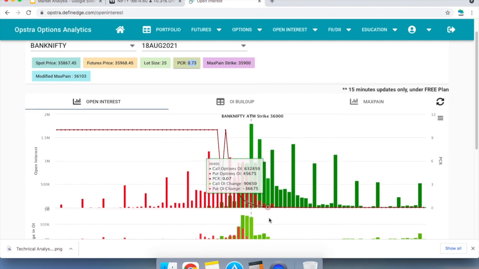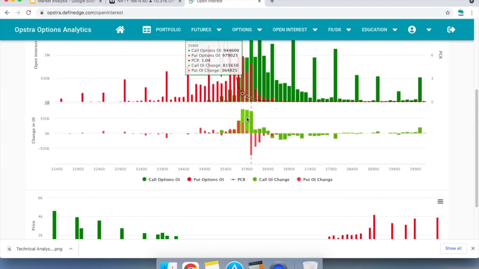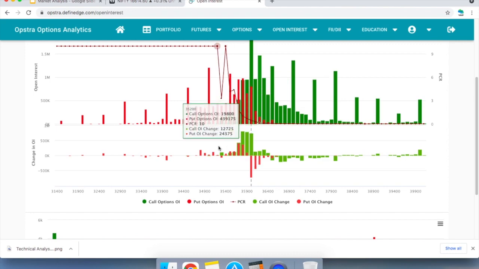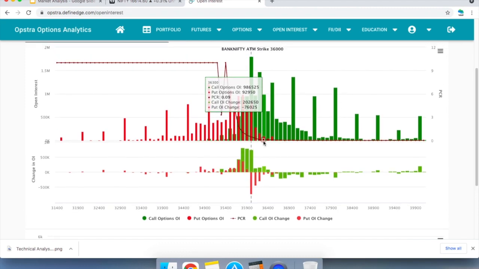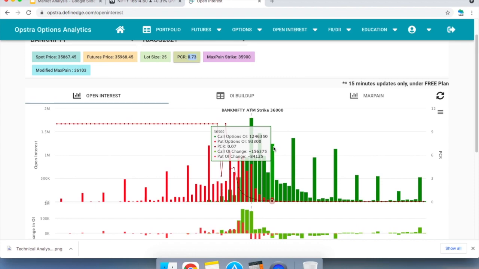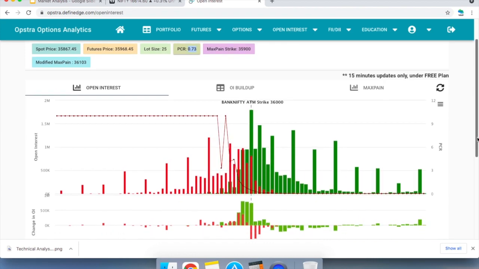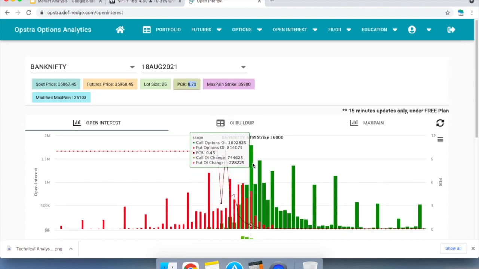See the green bars here, at 35,800, 35,900 and 36,000. Huge call writing has happened, and these would all turn out to be resistance that needs to be covered tomorrow, right? So this is a bearish chart that you are seeing. As per the operators' option data, it is bearish. So 36,000 tomorrow is going to be crucial, whether it is conquered or not.